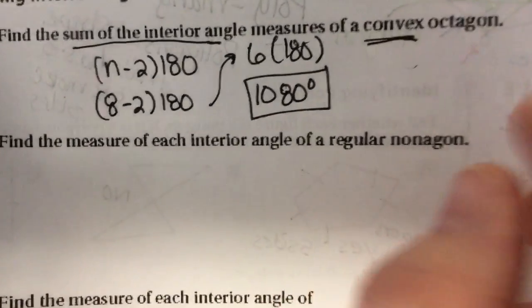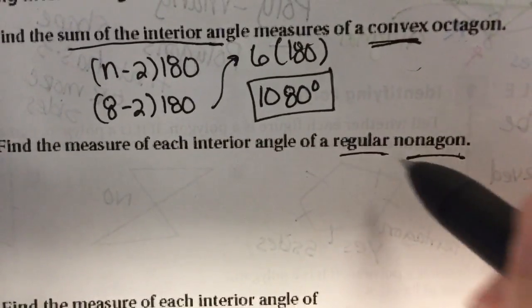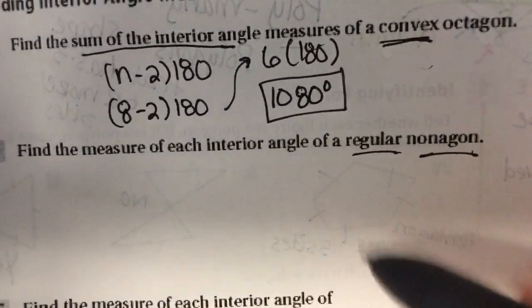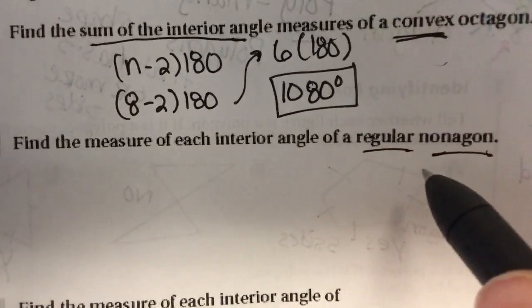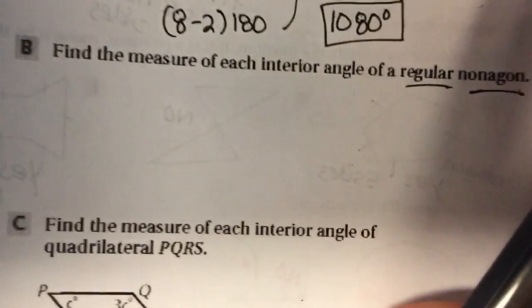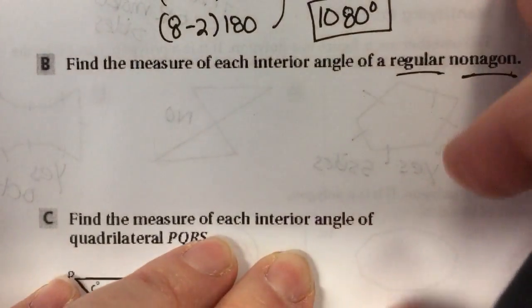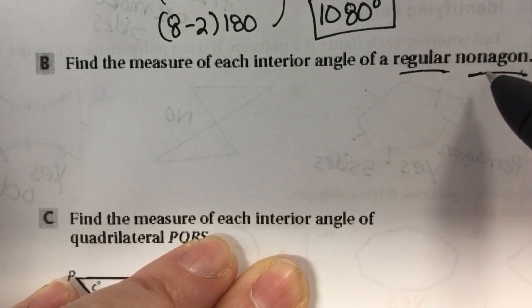It wants us to find the interior angles of a regular nonagon. Okay, so if it's regular, that means they're all equal, but they're not asking us to find each individual one. They're just asking me to find the total. A nonagon. If you go back to your chart, it's not on your chart, so I need to get you guys a chart. I will make a copy of a chart for the teacher to hand out to you. You can always Google this as well on your Chromebooks.